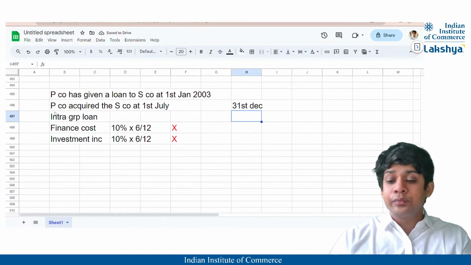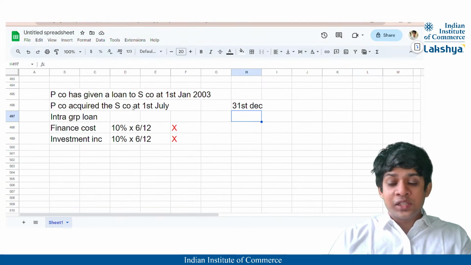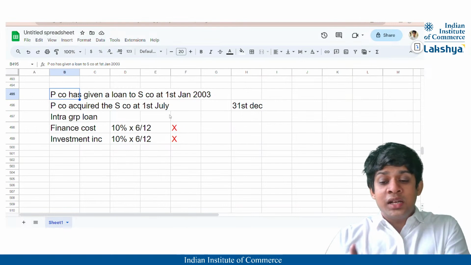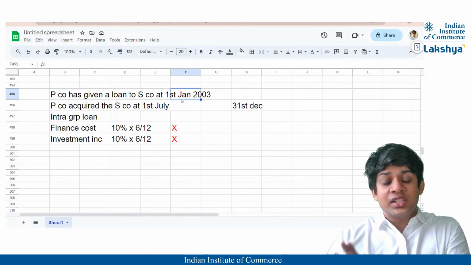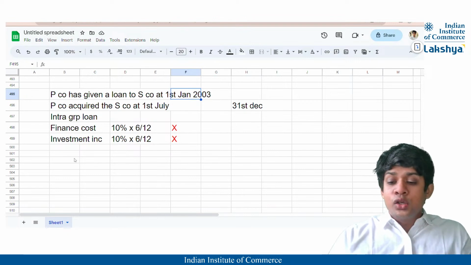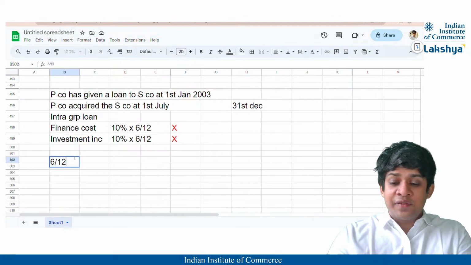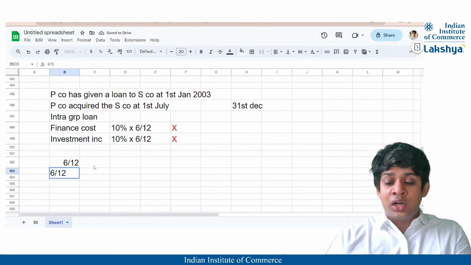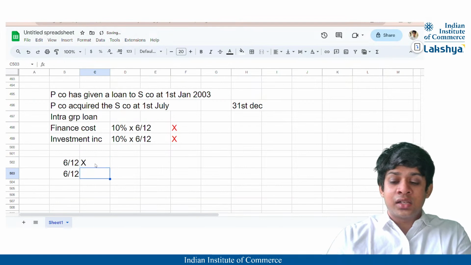But guys, before the subsidiary company was acquired, this loan was given. So before the subsidiary company's acquisition, this loan was still available from 1st Jan to 1st July, correct? So for those 6 months, whatever is the finance cost for one company and whatever is the investment income for another, those will not be cancelled out.